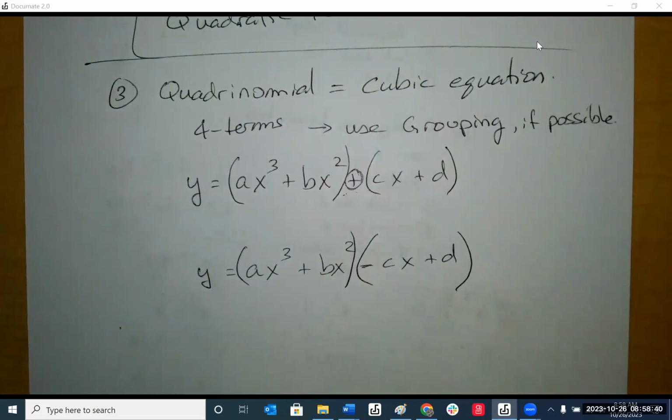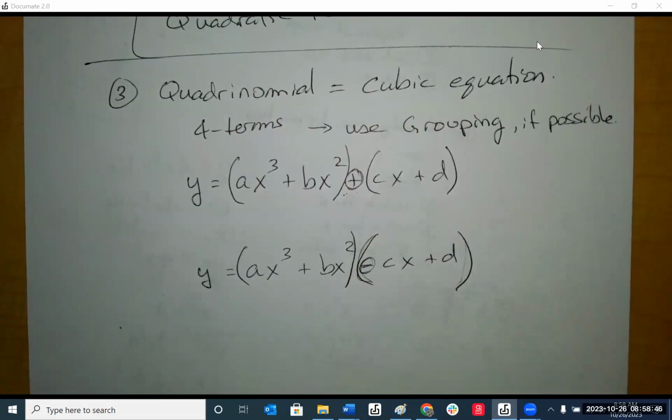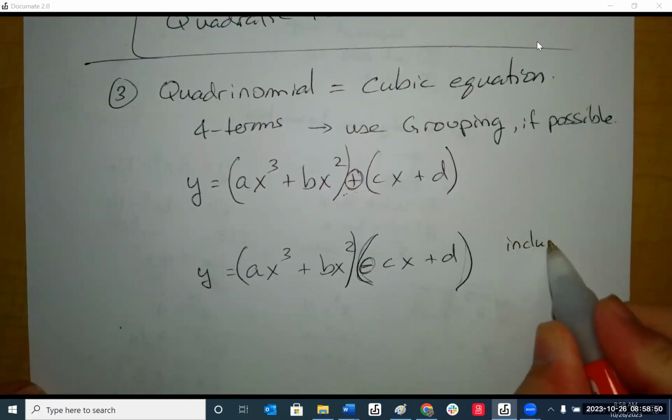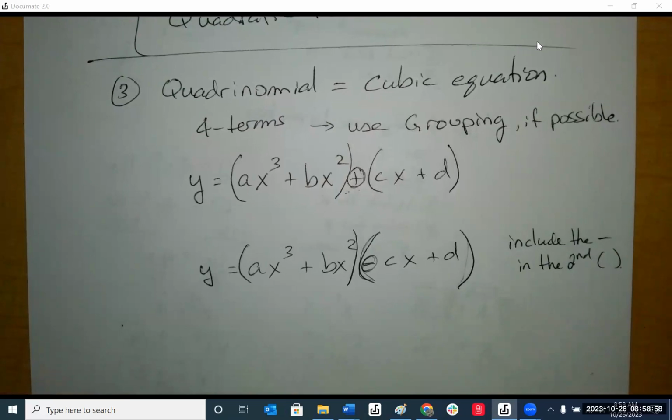Leave the plus by itself. If you have a minus in the middle, include that in the second parenthesis, because we'll have to factor out a negative number there.